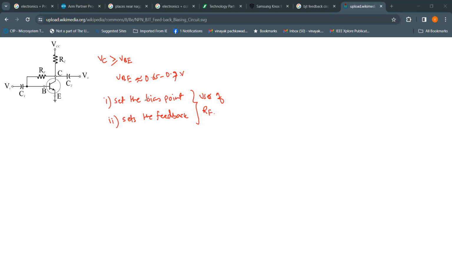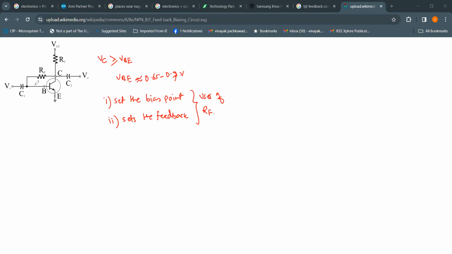Now there is a load resistance RC in this circuit right here. Because we apply an input signal, an input current I1 will flow into the circuit.